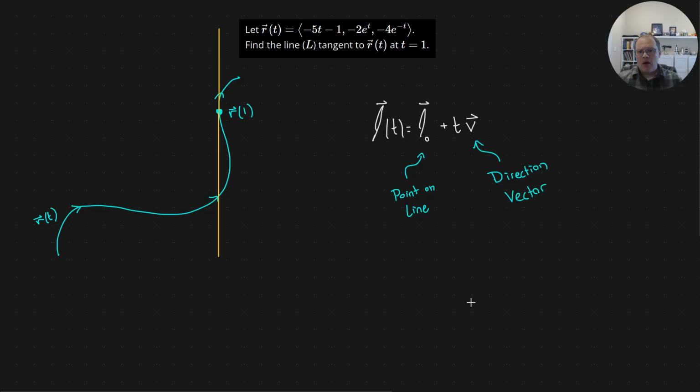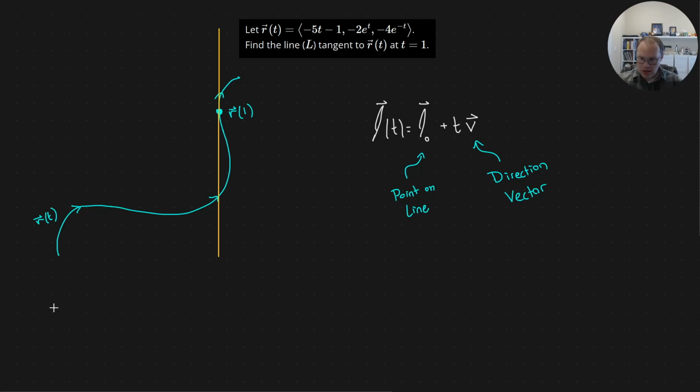Okay, so we need both of these things to find the equation of the line. Let's start with the point on the line. That's going to be easy, right? Because it's just going to be this point. r of t, for any value of t, tells us the point at that value of t. We're interested in particular at the point when t equals 1.